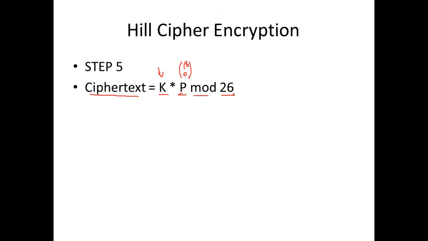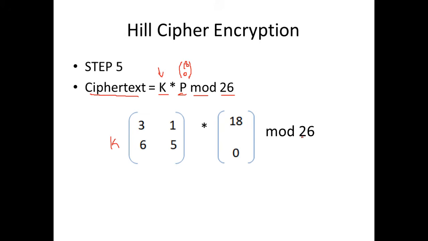Mod 26 is the number of characters, that is from A to Z. So we have the key, this is K, and we have to multiply that with the component vector which we have arrived at in the previous slide. So this is P1, and we have to finally get this result and we have to perform a mod 26.